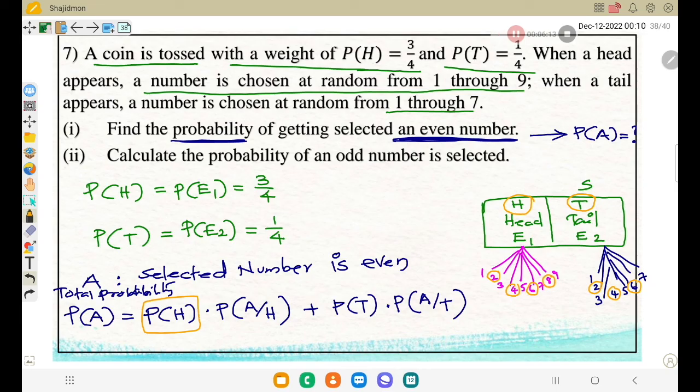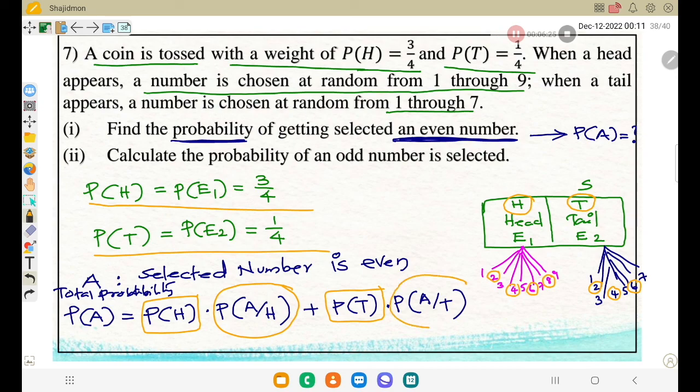Probability of H we already know, 3 by 4. Probability of T we already know, 1 over 4, correct? So we only need to calculate probability of A given H and probability of A given T. What is the meaning of probability of A given H? Probability of selecting an even number given that it is head, that is, head occurs and an even number is selected.